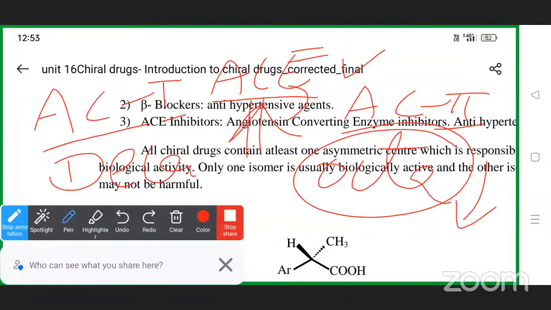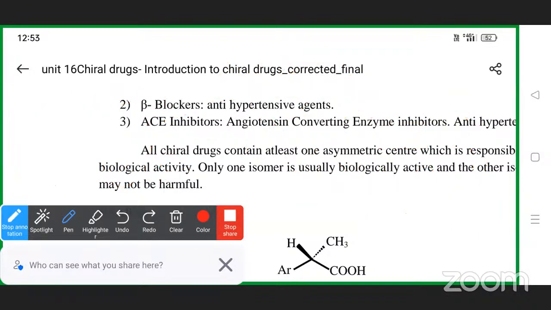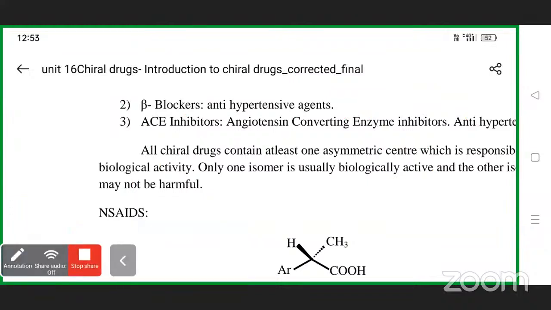In that case, you need to inhibit the activity of the enzyme. For that, generally we use antihypertensive drugs like captopril and enalapril. These drugs block or inhibit the angiotensin converting enzyme, and they bring down high BP generally.